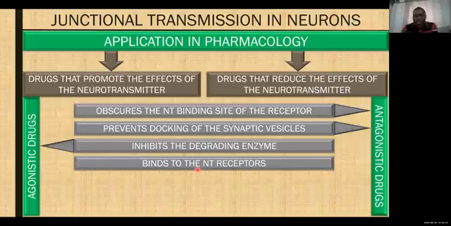Okay, I agree with you, Kwanzu, but it's optional. It can be both. It depends on what that drug actually does. There are drugs which bind to the receptors and then block the receptor. Those ones will be antagonistic. But there are those drugs which bind to the receptors and stimulate the receptors. Those ones will be agonistic.